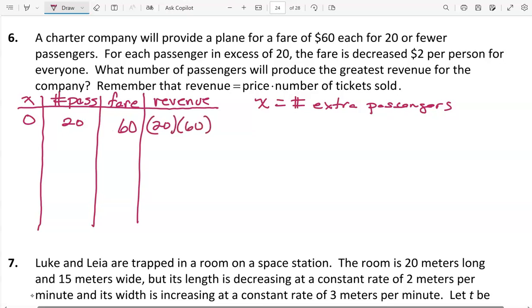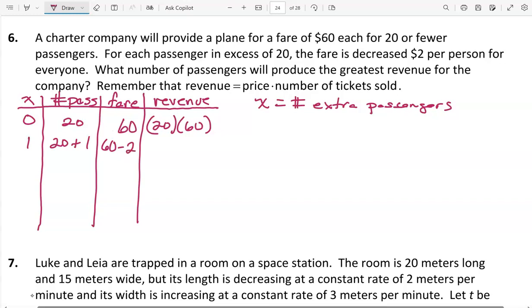That's 20 times 60. If they have one extra passenger, that means the number of passengers is 21, but let's break it down. If x is 1, then we need to use that 1 to calculate the number of passengers, 20 plus 1. And what happens if I have one extra passenger? The fare is going to be decreased, so subtract 2 from it.